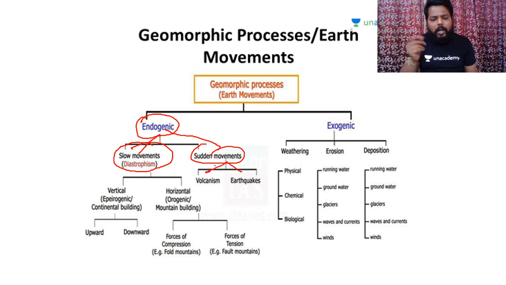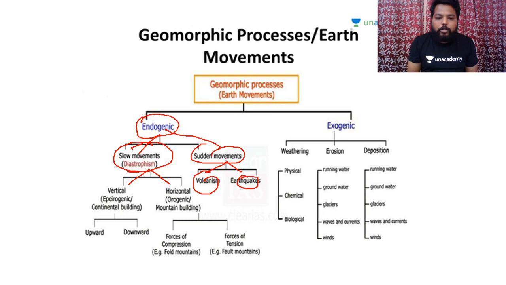It is nothing but sudden movement of the earth surface, because of which volcanism and earthquakes have come into the picture. Sudden movements can be watched very clearly, but diastrophic forces are not seen by our naked eye. Sudden movements like volcanism and earthquakes we will discuss in a further lecture separately. Now we will focus on the slow movements first.